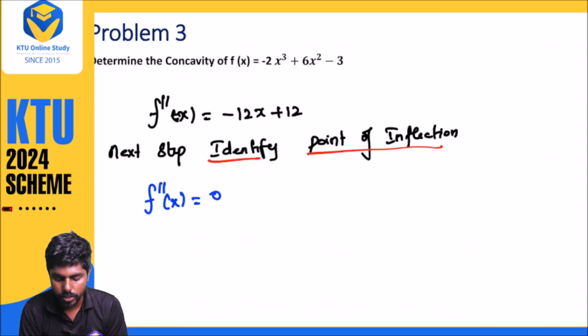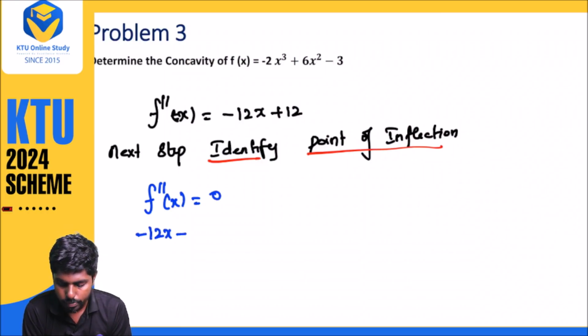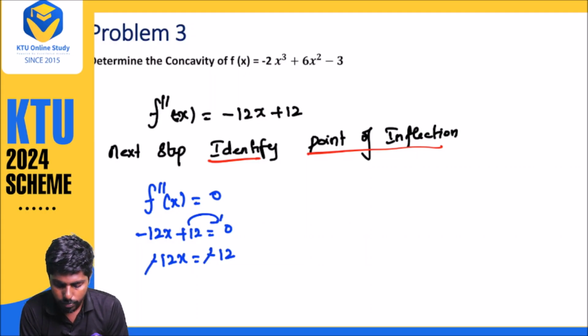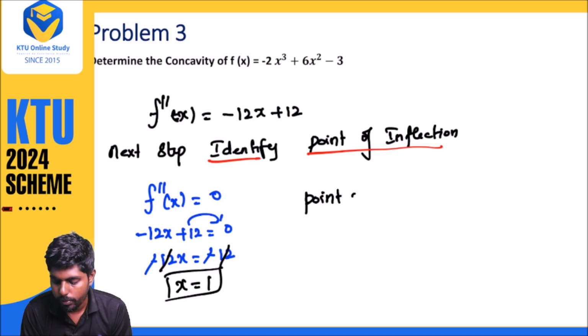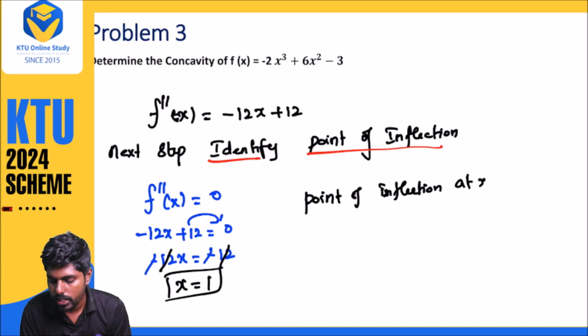So minus 12x plus 12 is equal to 0. So minus 12x is equal to minus 12. Minus and minus cancel, and 12 and 12 cancel. So x is equal to 1. So we are getting a point of inflection at x is equal to 1.